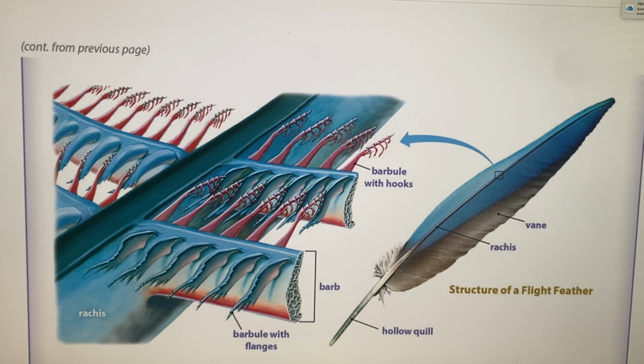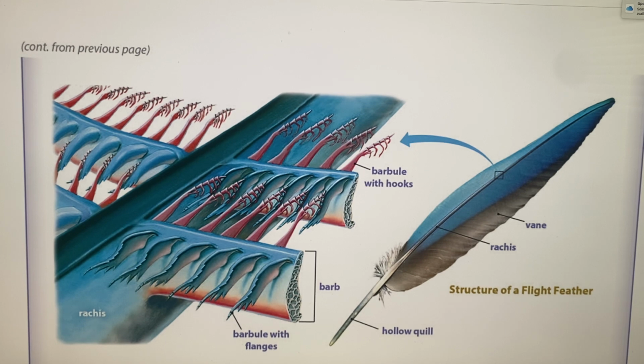And every position of the feather is designed to extract the energy from the air as it flies efficiently. So every aspect of the feathers and of the bird is designed for this task of flying and making it very efficient.